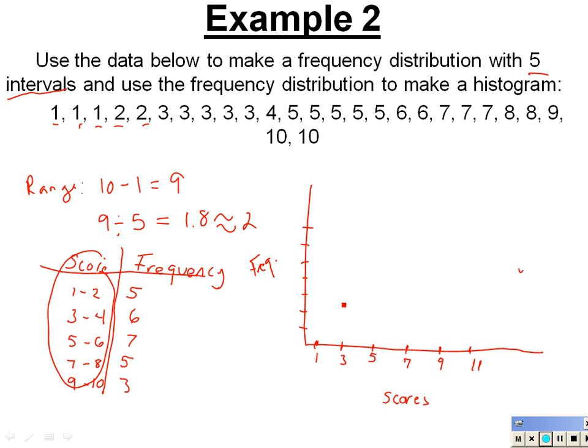Alright, so here we go. For my first group of scores of 1 to 2, I've got 5. So I'm going to climb up to 5 marks. Go over and down. For my next group, 3 to 4, we go up to 6.